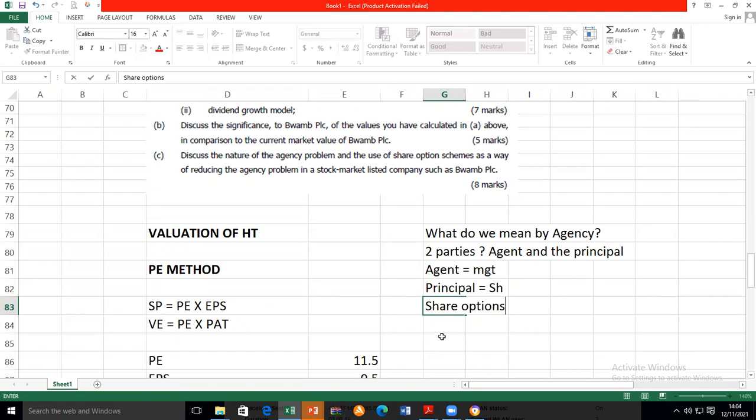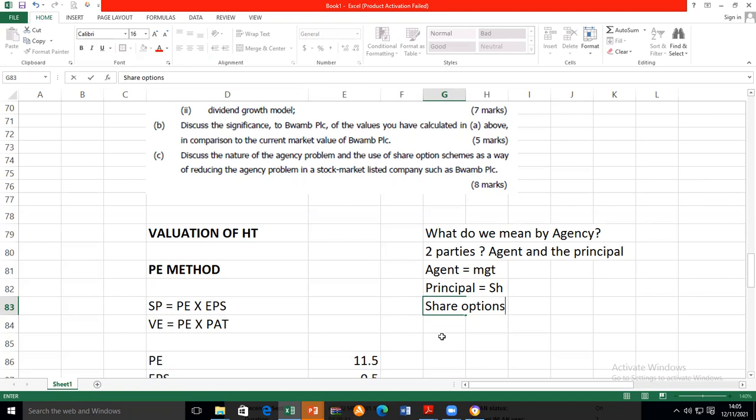Have you captured the points, guys? Yes, sir. So first, it's 8 marks, a lot of marks. You explain, what do you mean by agency? A contractual relationship with two parties called agent and principal. What is the relationship all about?